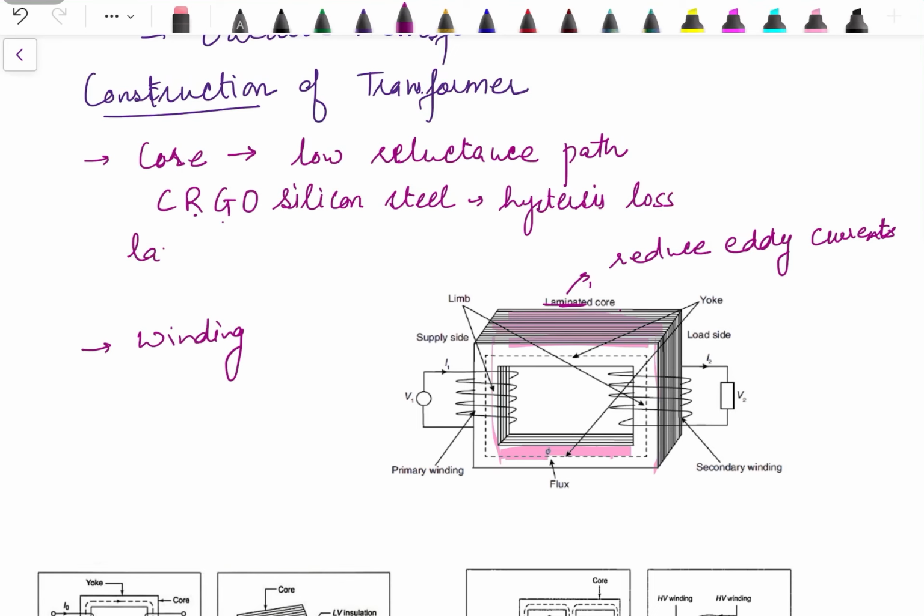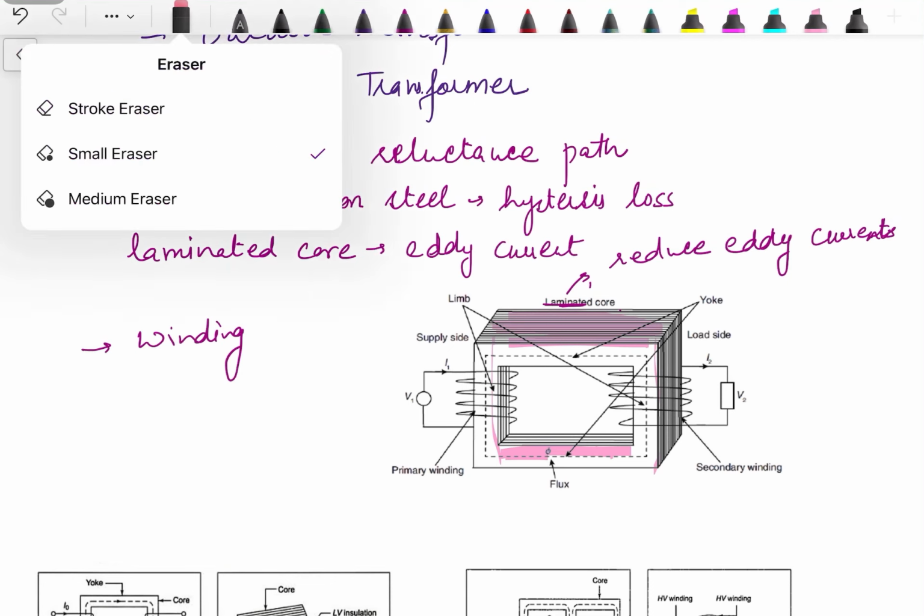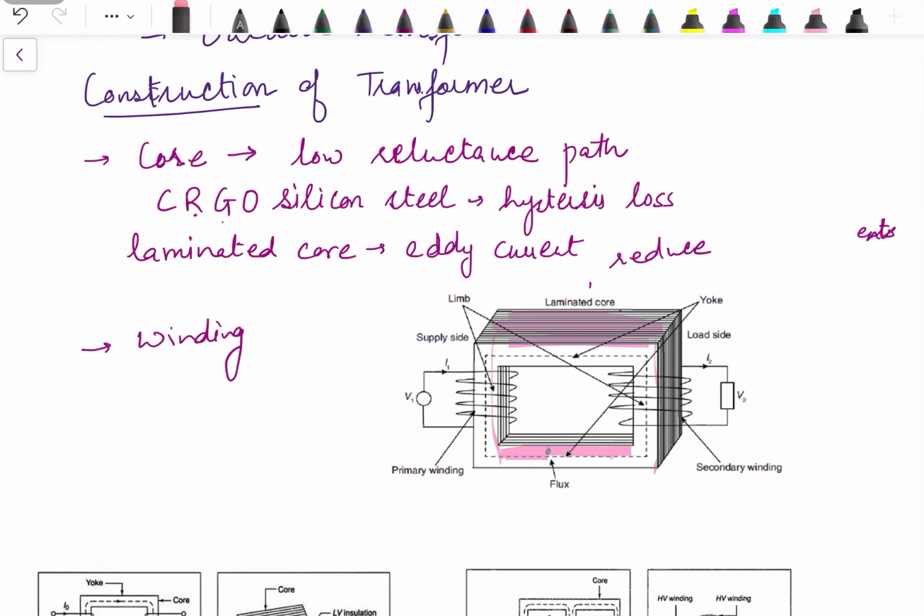So the laminated core is to reduce eddy current loss. And it must have high permeability so that it can provide a low reluctance path for the flow of flux. So this is what we need in the core.